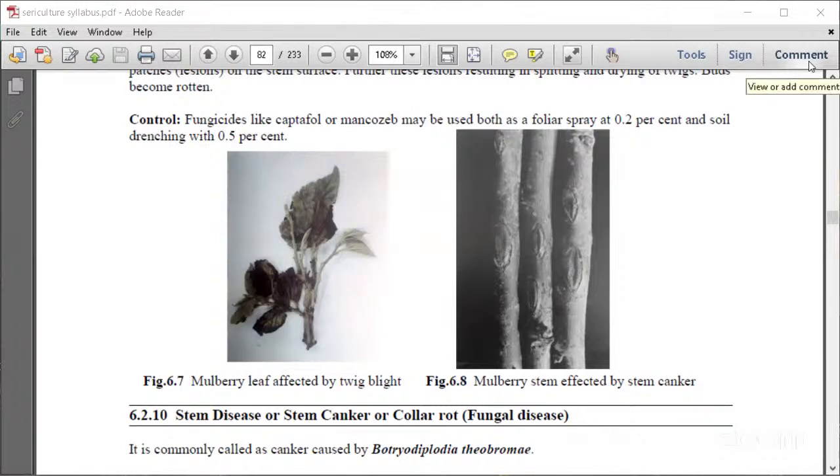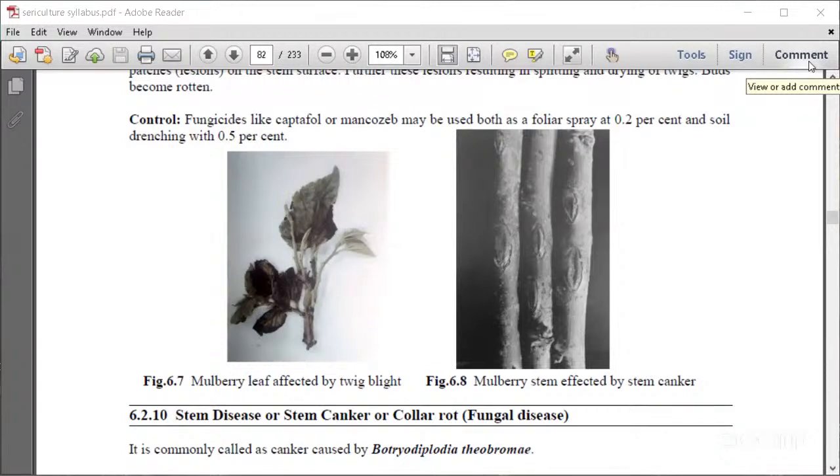It is a fungal disease. The causative agent of the canker is Botryodiplodia theobromae. What are the symptoms? Greenish black lesions appear on the stem in the initial stages, which change to dark black, hard carbonaceous structures.